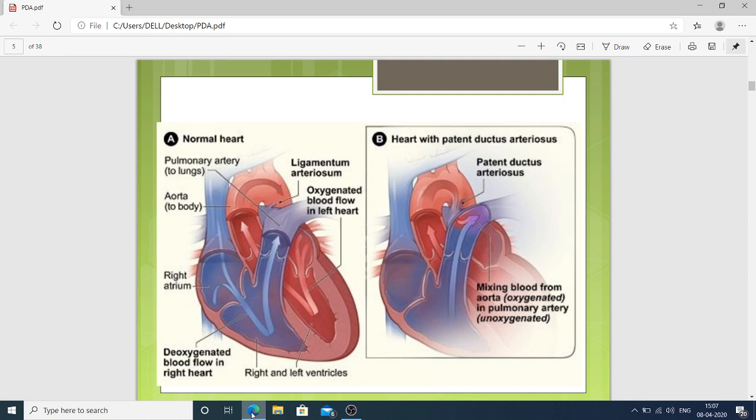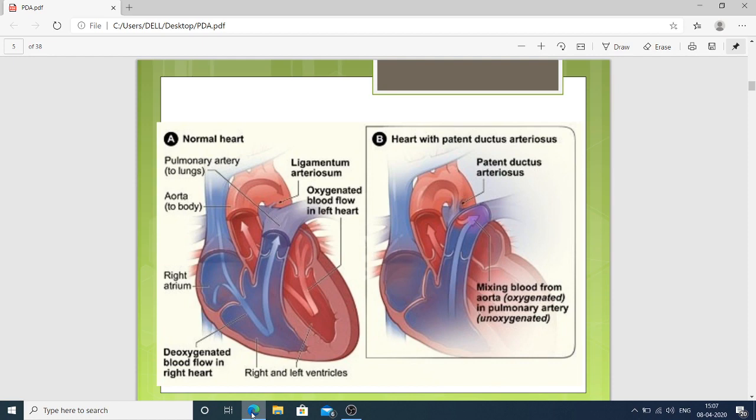The aorta belongs to the left side of the heart because it takes blood from the left ventricle, and then circulates the blood to all the systems, and the pressure in the aorta is more as compared to the pulmonary artery. So blood goes from high pressure aorta to lower pressure pulmonary artery. Here left to right shunting is happening.